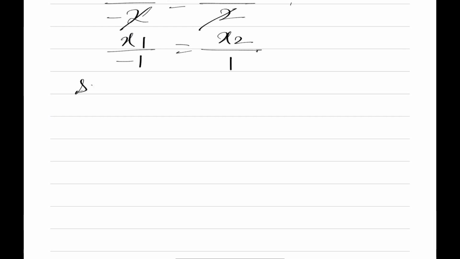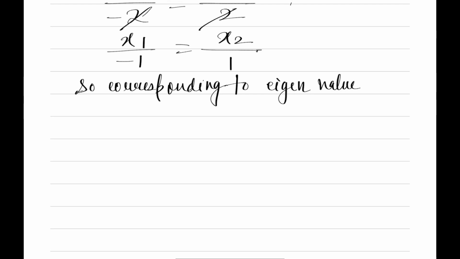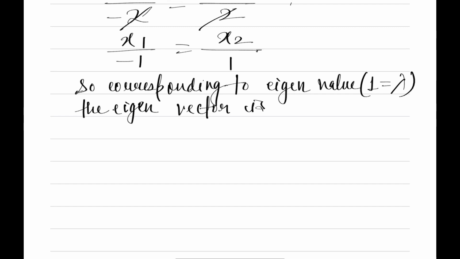So corresponding to eigenvalue lambda equal to 1, the eigenvector is minus 1 and 1.